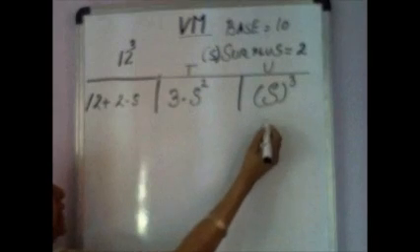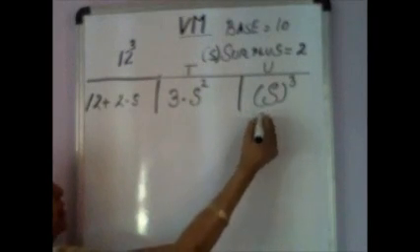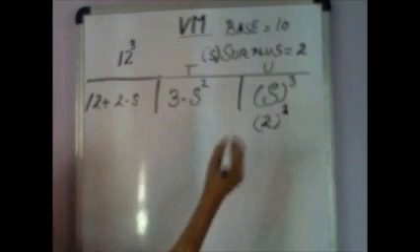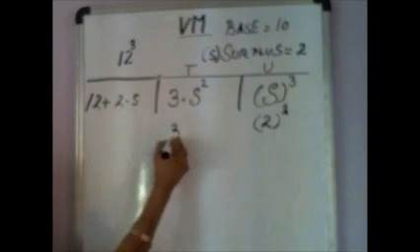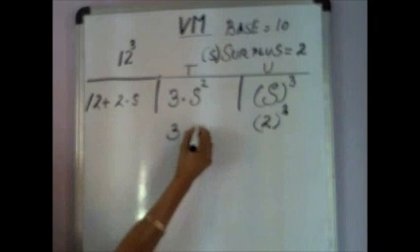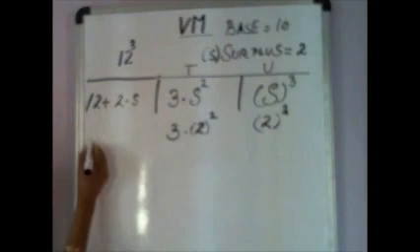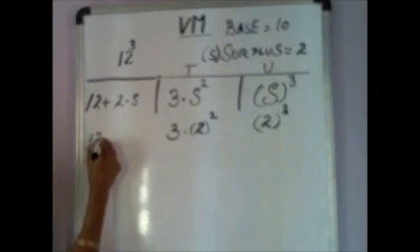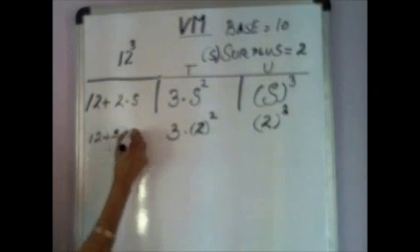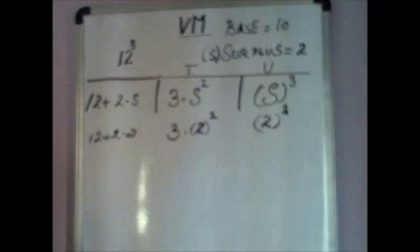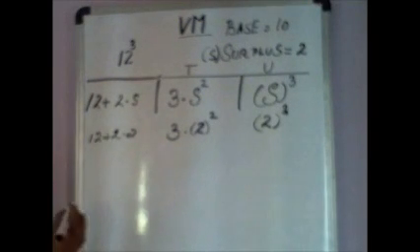Now our surplus is 2, so it's going to be 2 cube over here. In the tens place, it's going to be 3 times 2 square. And in the hundredths column, it's going to be 12 plus 2 times 2. So we are going to have the total here.